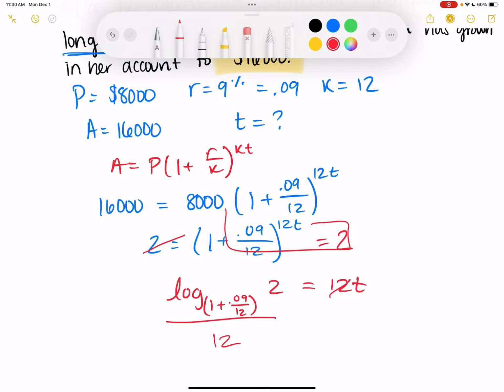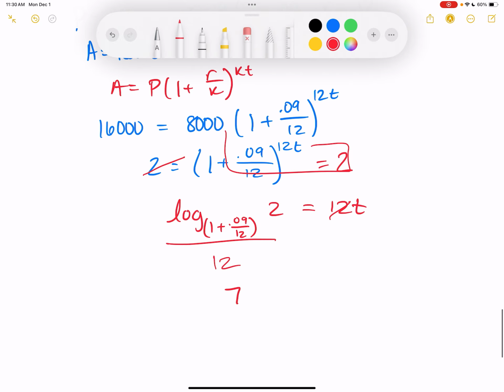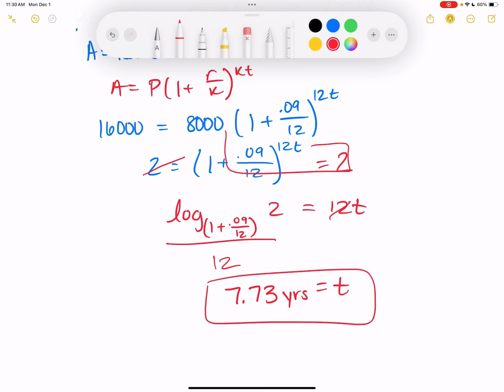That's right. And then that would be years. Would it be months? Is that already divided by 12? Nope, it's years. That answer is already divided by 12. Yes. That would be my answer.